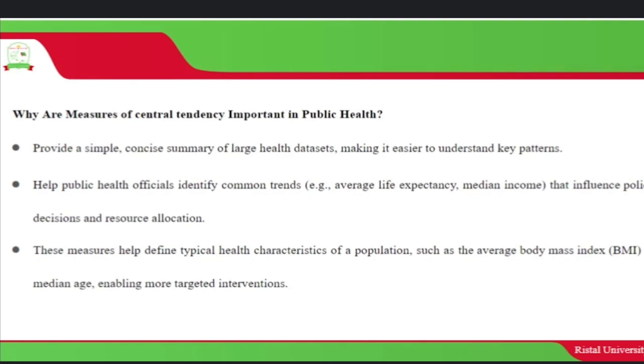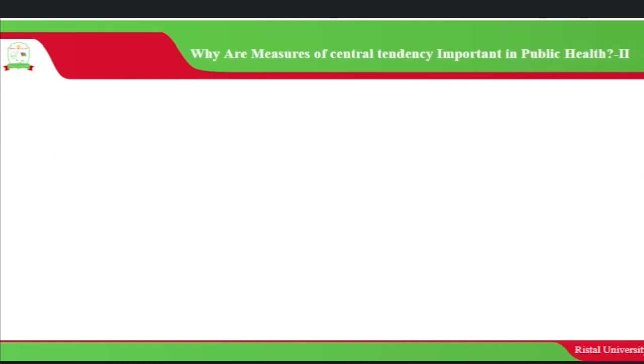What is their average body mass index? What is their average body weight? What is the average weight of the babies that are born at this health facility? What needs to be done first basing on this information? So it helps us give a measure of population characteristics and many more that you can think about.